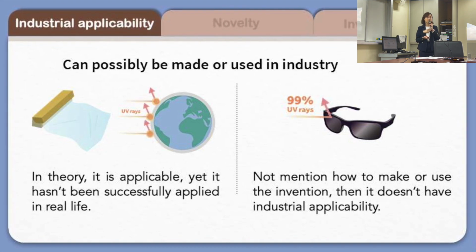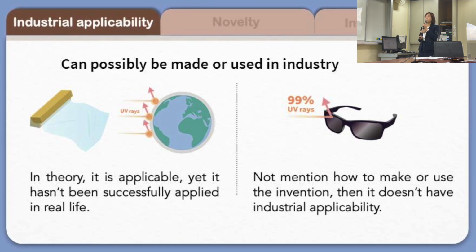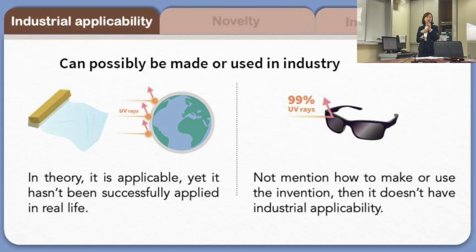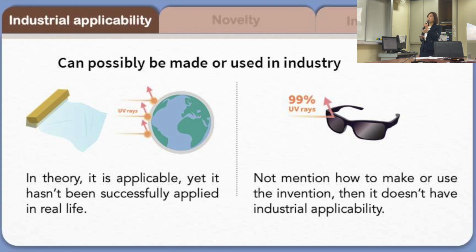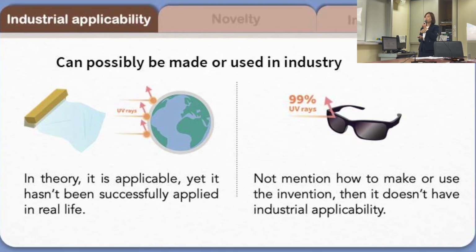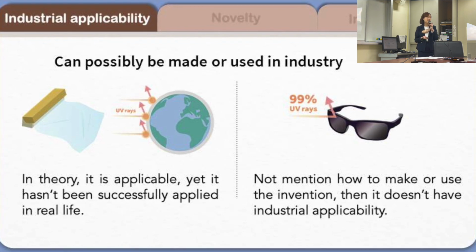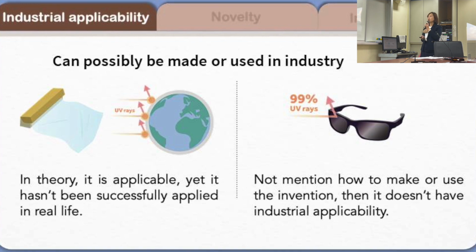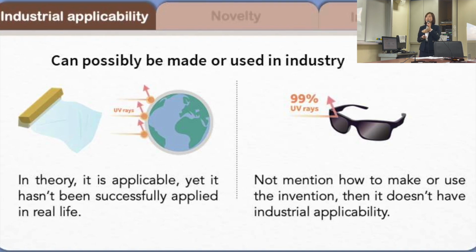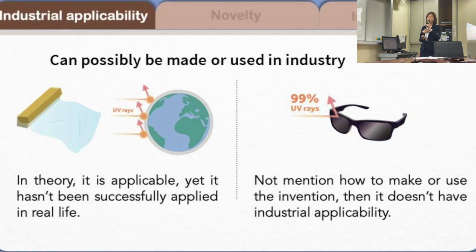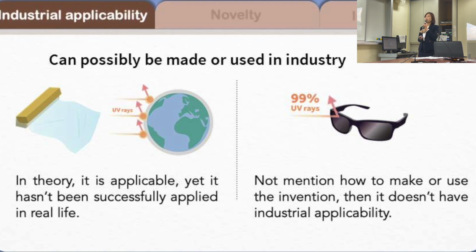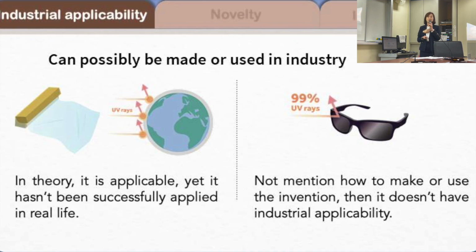The second case is claiming a pair of sunglasses that can prevent 99% of UV rays. However, the inventor doesn't mention how to make or use this invention in their patent application. Therefore, it doesn't have industrial applicability either.